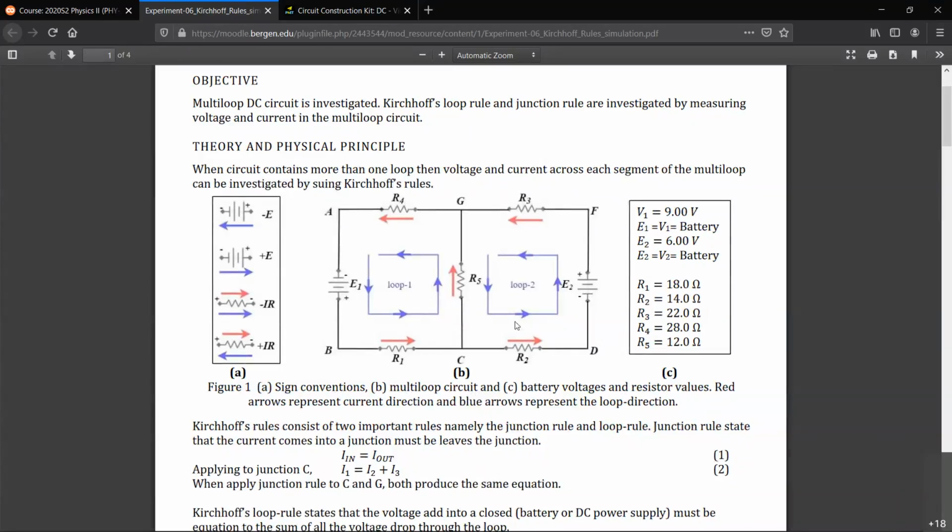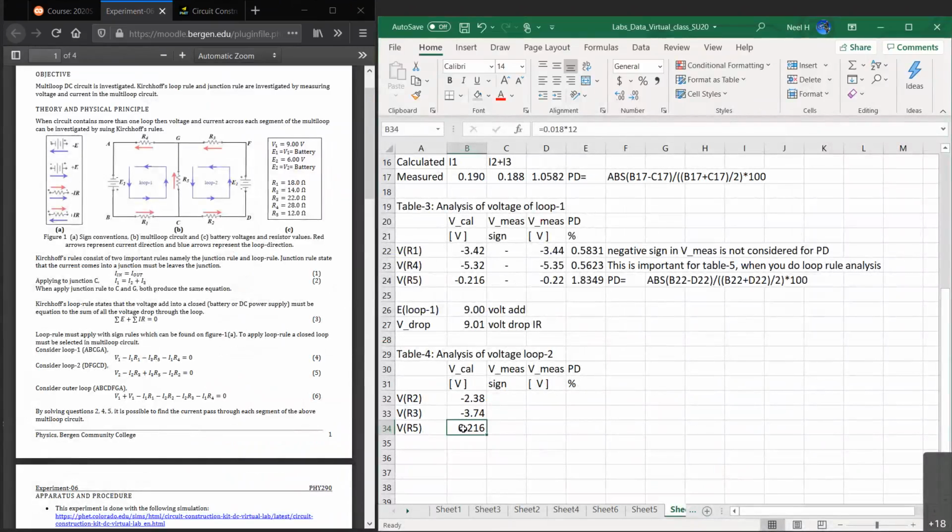Let me do this for loop number 2. Across R2, current and loop direction same, negative. Across R3, current and loop direction same, negative. But across R5, loop direction and current direction opposite. Because of that, this value must be positive. Got it? Everybody okay with that?